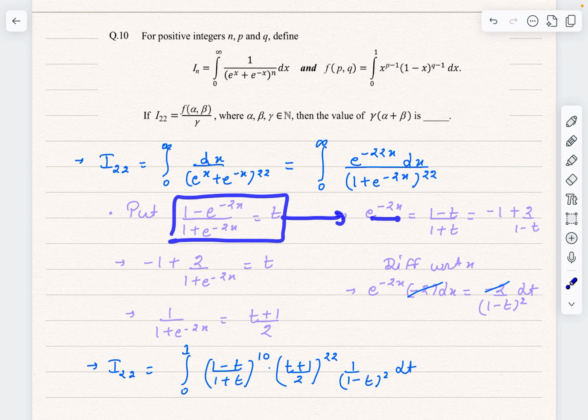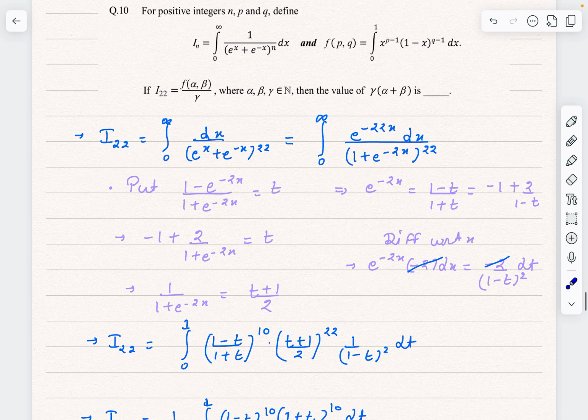You get e^(-2x) = (1 - t)/(1 + t). And we can again add 1 and subtract 1, you get -1 + 2/(1 + t). Now differentiate with respect to x, you get e^(-2x)(-2) dx = -2/(1 + t)^2 dt. So minus 2 will get cancelled out.